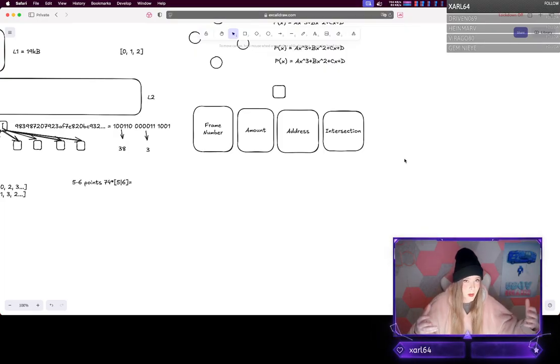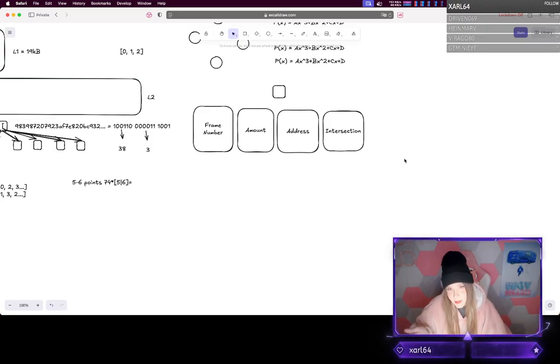Exchanges care a lot about compliance, and part of how they enforce compliance is, most of them have block scanners that scan the entire chain and have full history of transactions, and by consequence, they're able to trace the lineage.